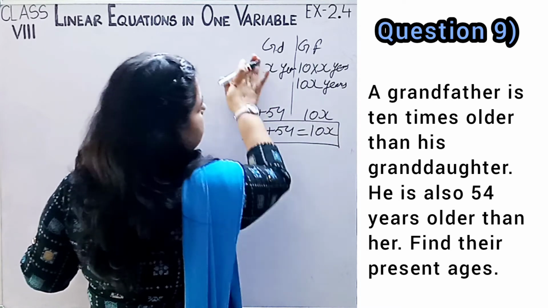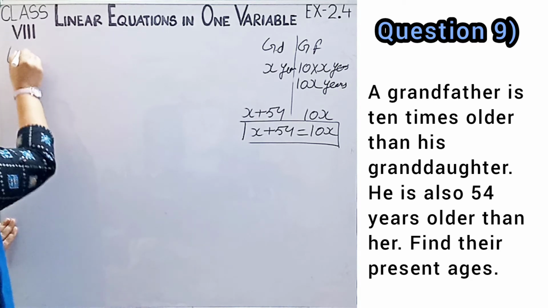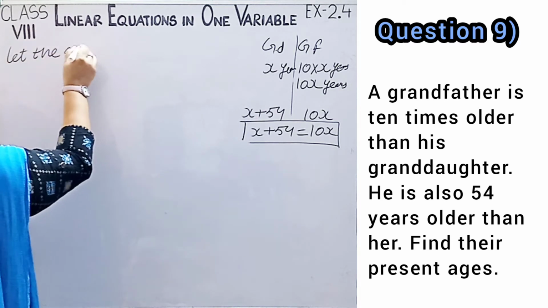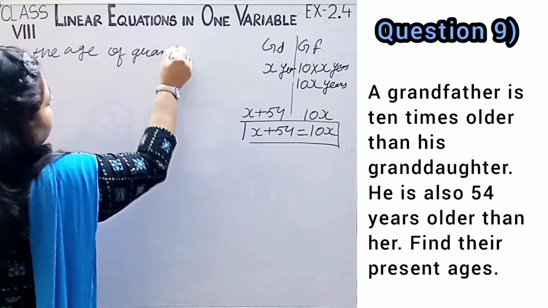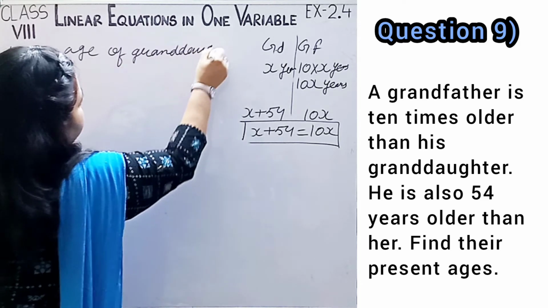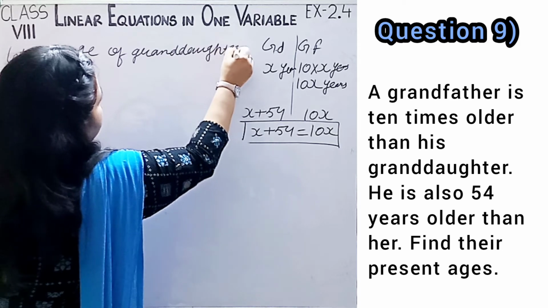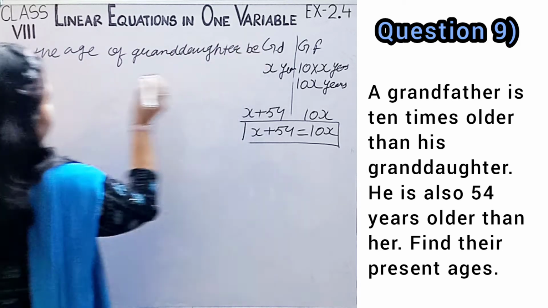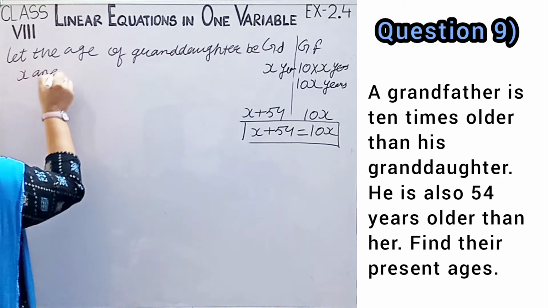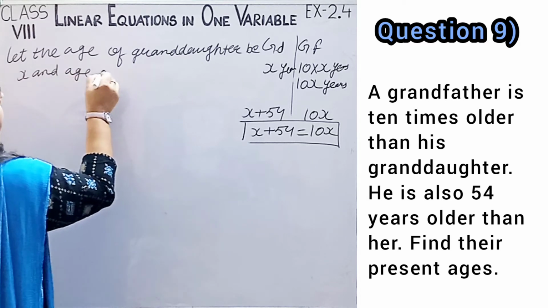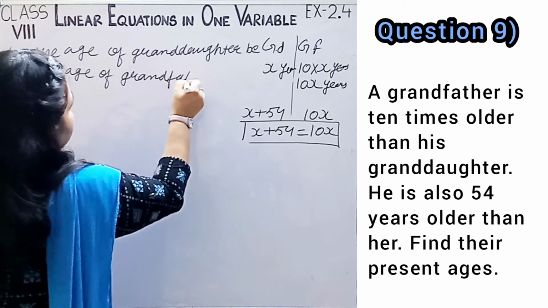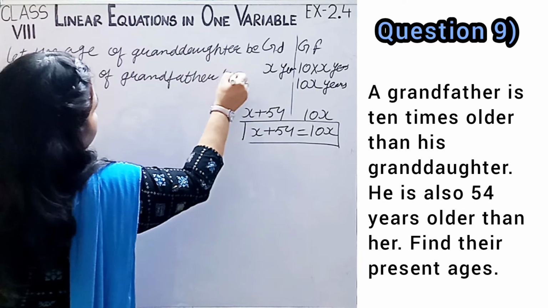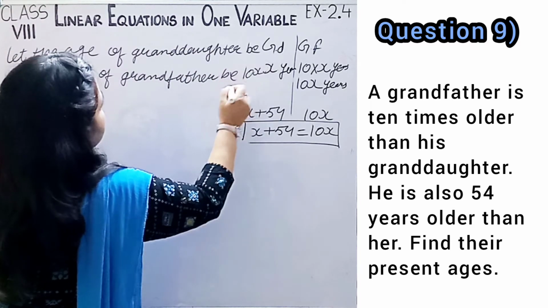Now coming to statement part. Let the age of granddaughter be x and age of grandfather be 10x years.